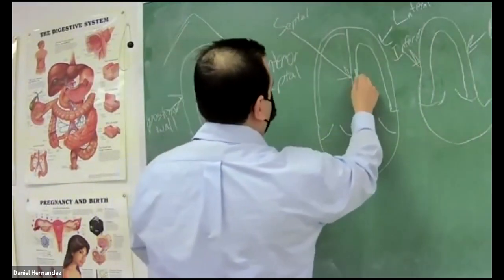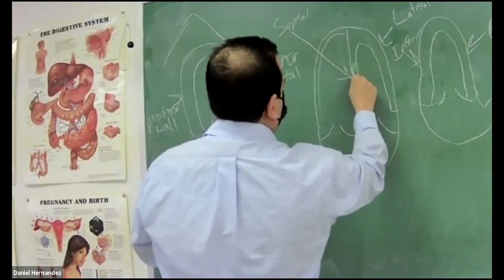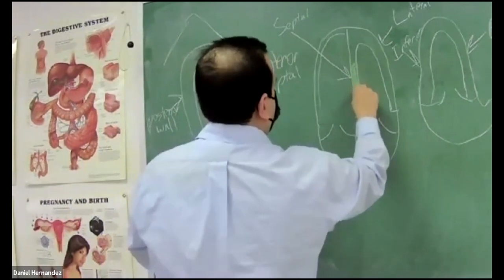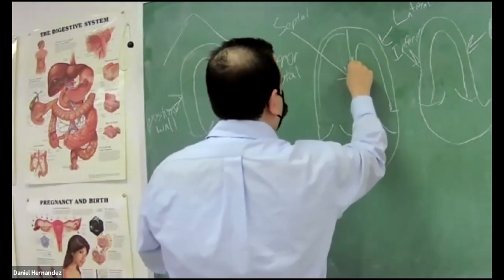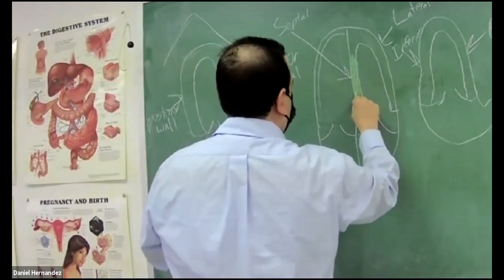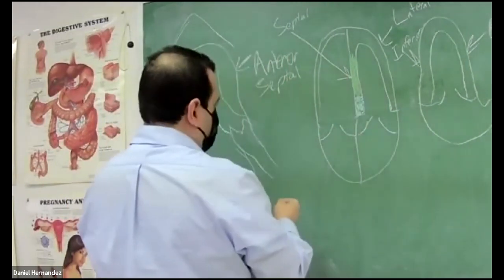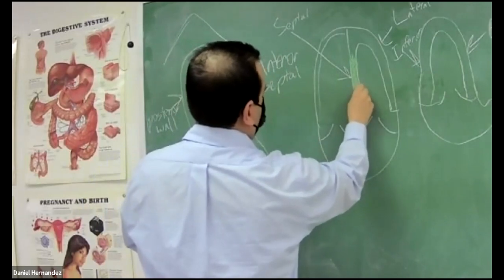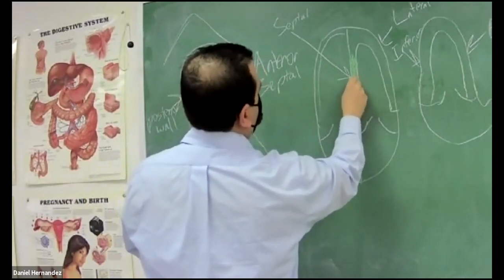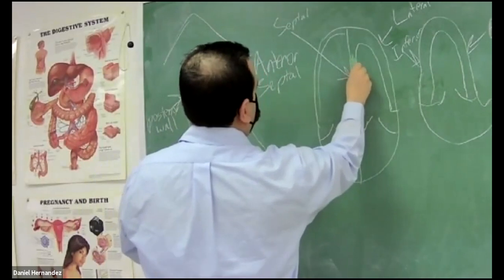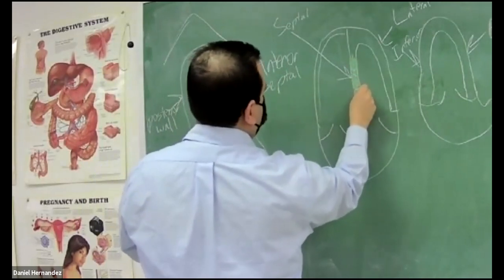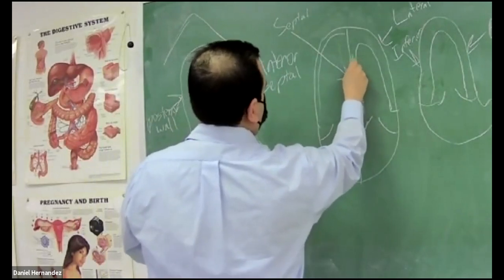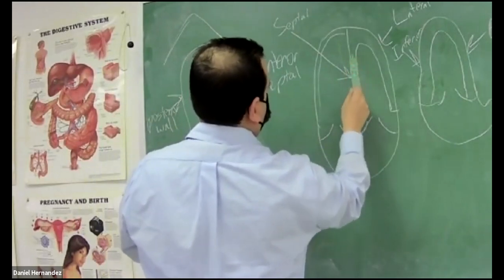Then the mid portion of the septum can be the left anterior descending, or it can also be a portion of the right coronary artery. So this mid portion of the septum, I'm going to do green and blue.